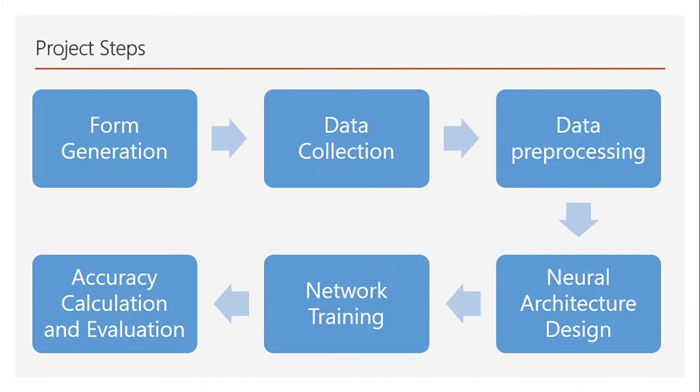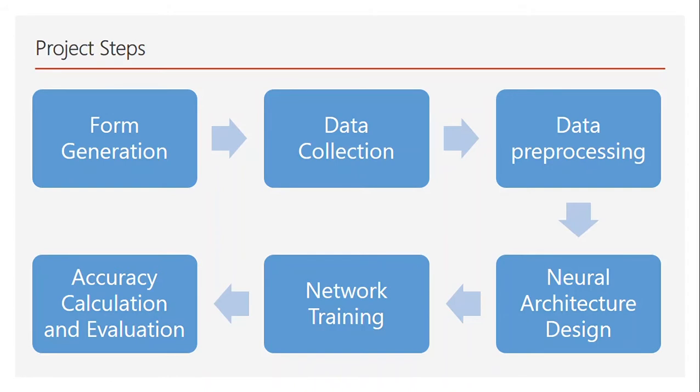In our project, we generated a form to collect the data. The data is collected from volunteers, and after collecting the data, we process it. In that step, we augment the data and apply some filters to remove physical noise.